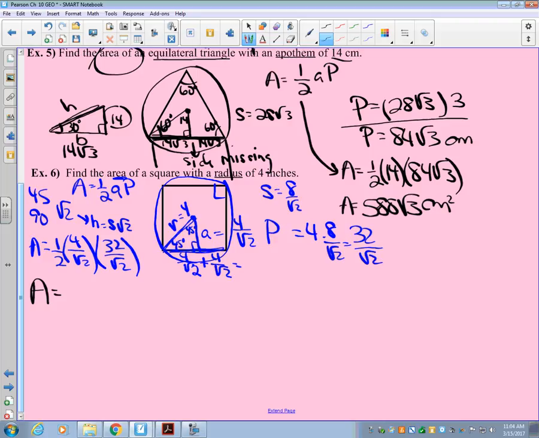So the area is going to be all the tops multiplied together. 1 times 4 times 32 is 128, divided by 2 times √2 times √2. These two together give me square root of 4. What is the square root of 4? 2. What's 2 times 2? 4. So 128 divided by 4 is 32.